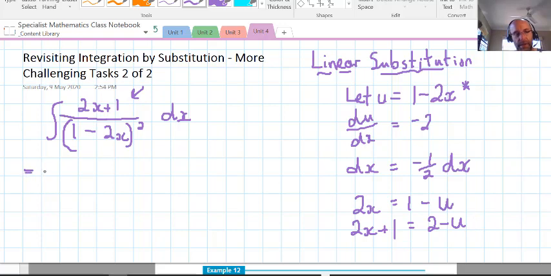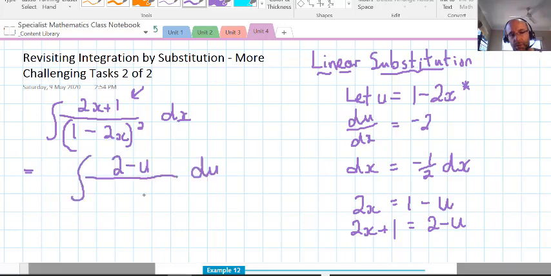So let's go back to the expression and do some substitution now. So we indeed have 2 minus u on the numerator, and what do we have here? We've got a substitution, we've got u instead of 1 minus 2x, so we have u squared on the denominator. Now this du here, this du can only be written, oh, I've spotted another error.